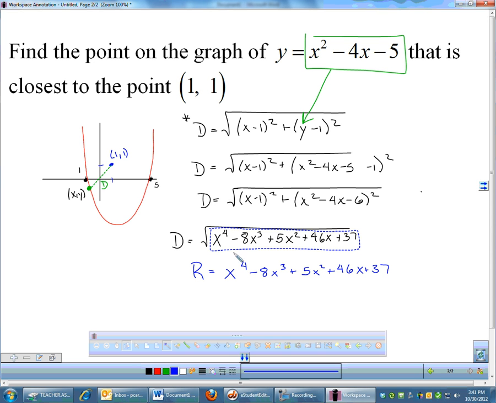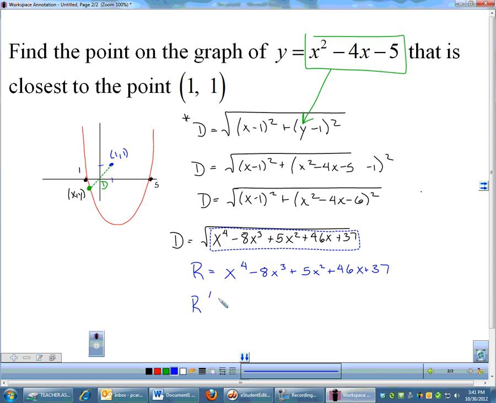So rather than take the derivative of that stuff to the 1/2 power, the only part I'm really concerned with is what's under the radical. So my derivative is going to be 4x cubed minus 24x squared plus 10x plus 46. And then we will set this equal to 0, and we will solve that equation.